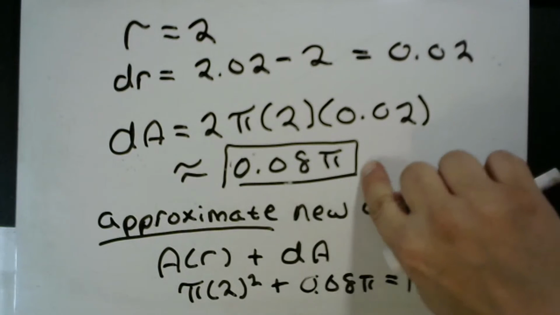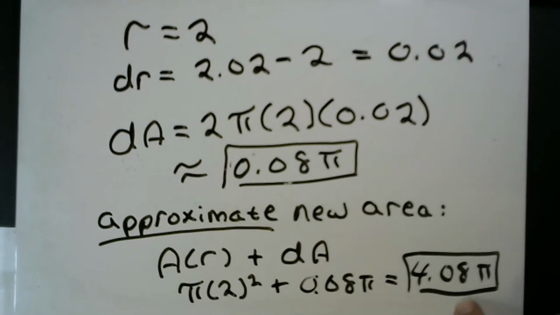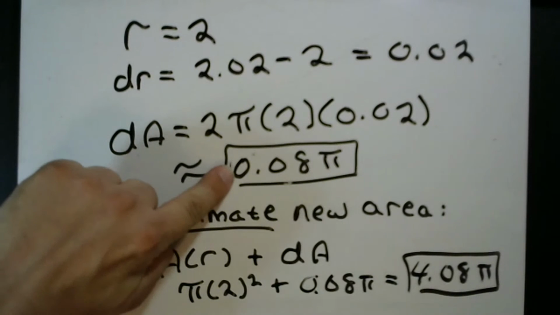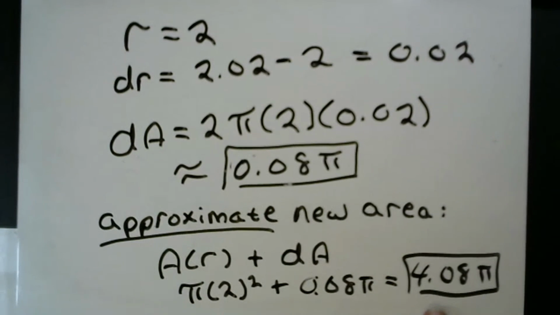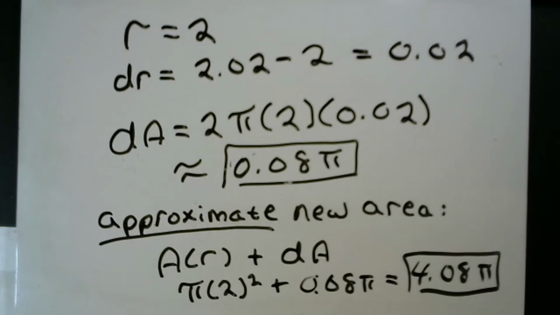So approximation for dA, approximate new area. Sorry about that. The approximate new area, 4.08 pi.